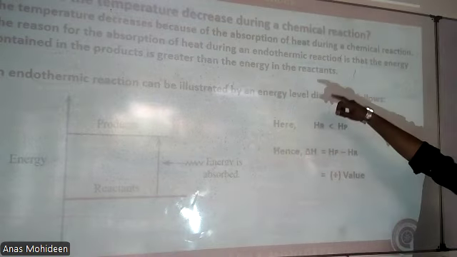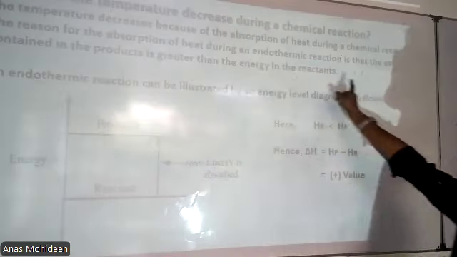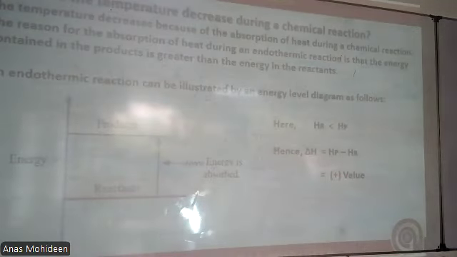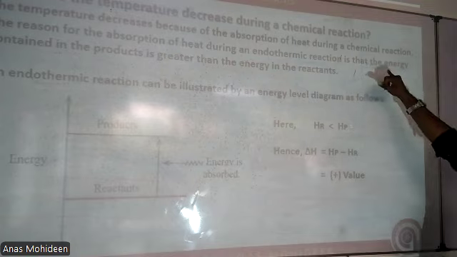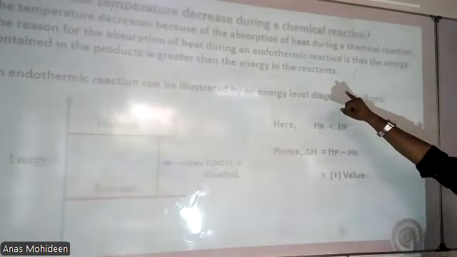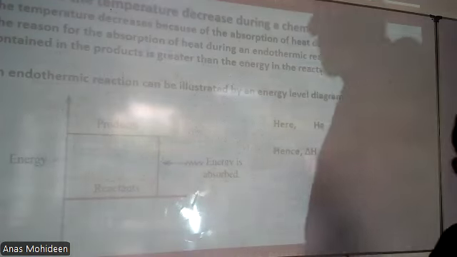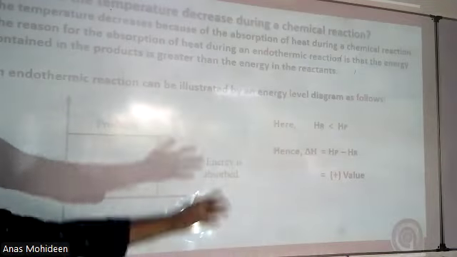And the reason for that is the energy contained in the product is greater than the energy in the reactants. Underline that too. The energy level diagrams are given there.